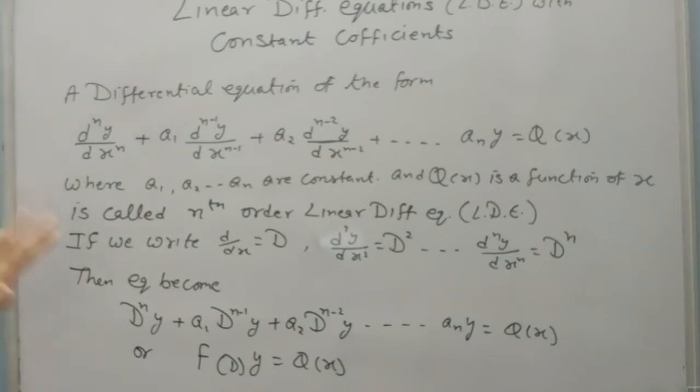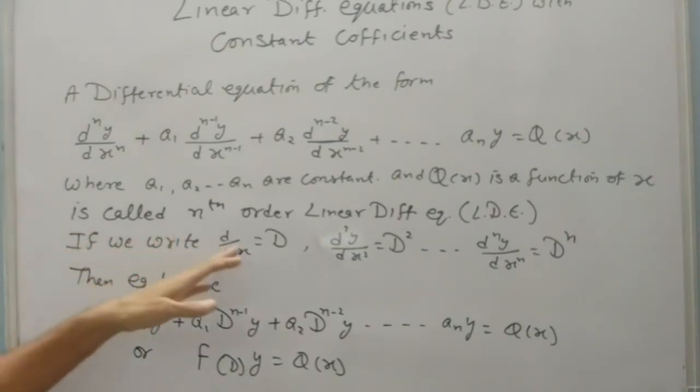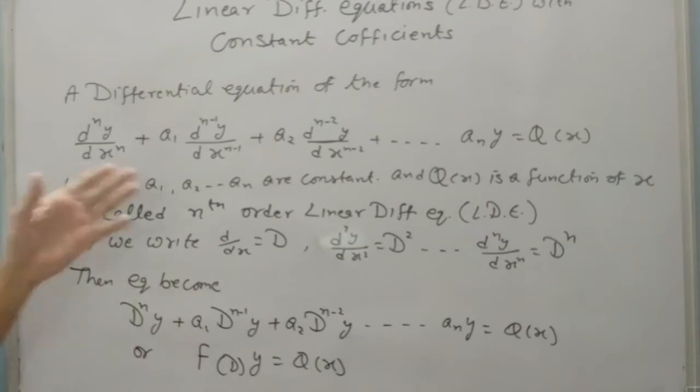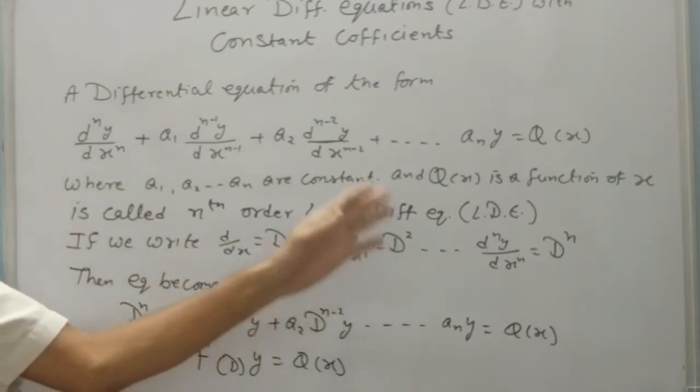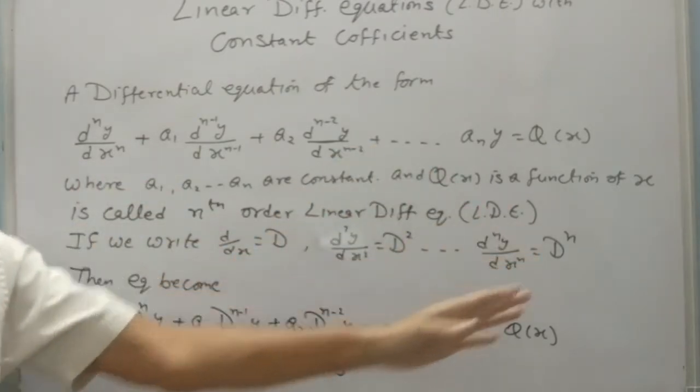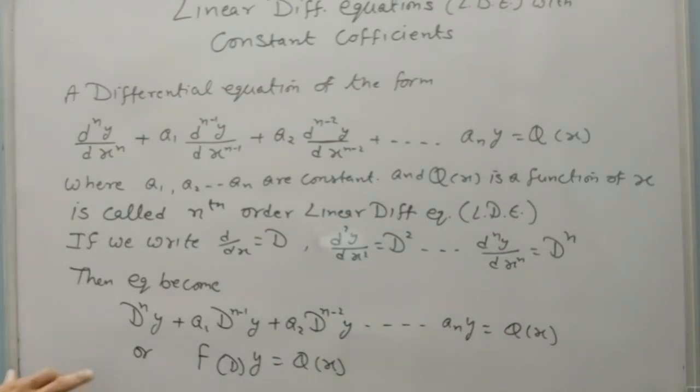If we write d/dx as D, the second derivative as D squared, and the nth derivative as D^n, then the equation becomes D^n y + a1 D^(n-1) y and so on, + an y = Q(x). Or we can say it is a function of D acting on y, with constant coefficients, equal to Q(x).